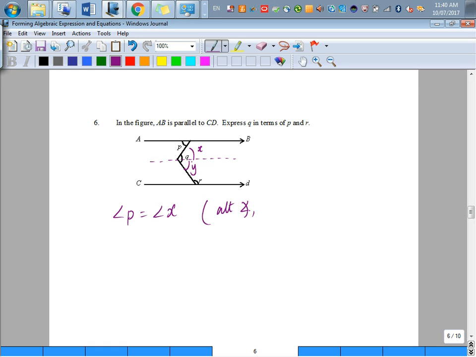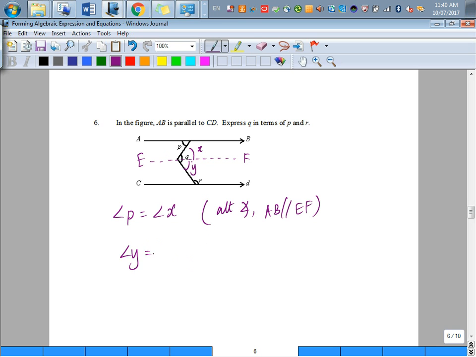Then A, B, C, D, let's call this E and F. AB is parallel to EF. Then we also have angle R. Let's do it the other way.